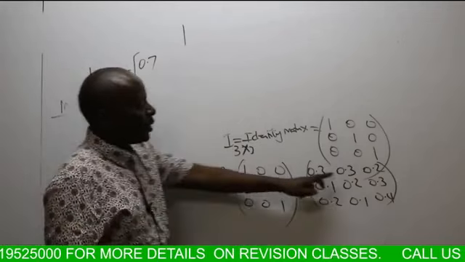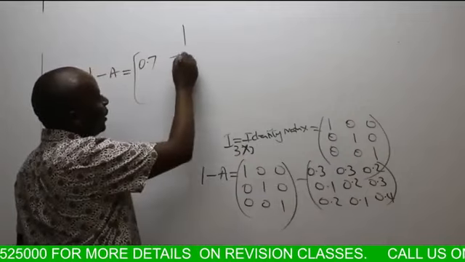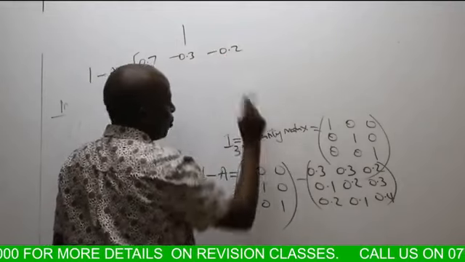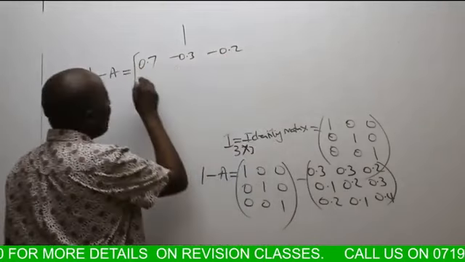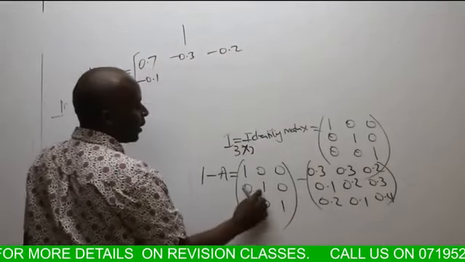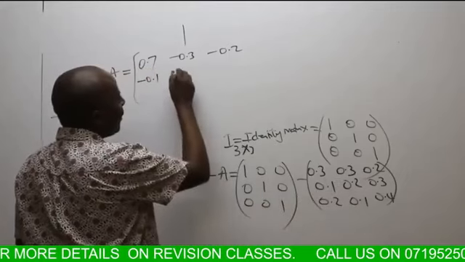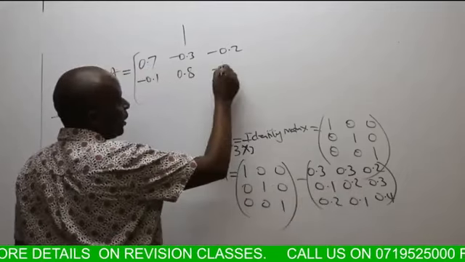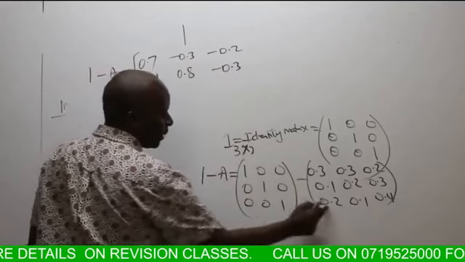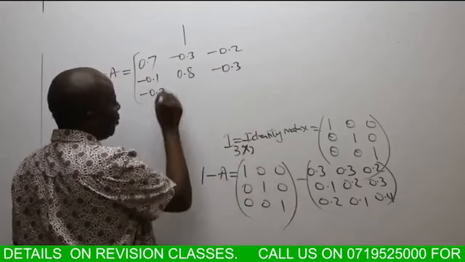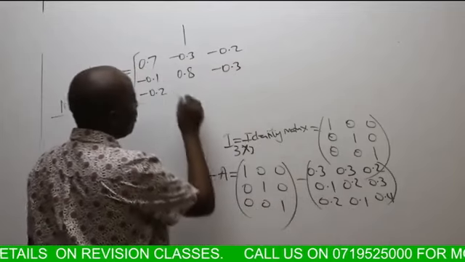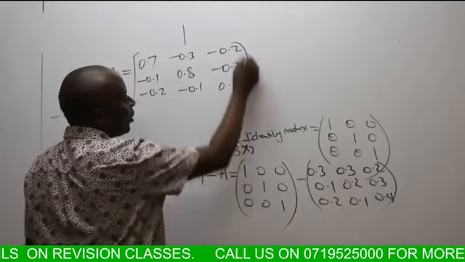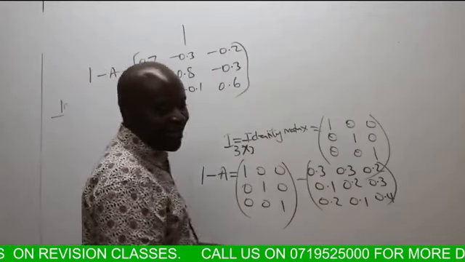Next, corresponding, this gives me minus 0.3, this gives me minus 0.2, minus 0.2, this gives me minus 0.1, minus 0.1. This gives me 0.8, this gives me minus 0.3. So 0 minus 0.2 gives me minus 0.2. This gives me minus 0.1. This gives me 0.6, like that. So we have I minus A.